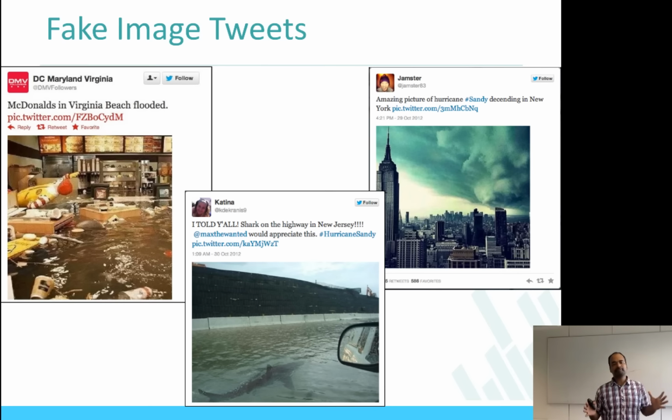There were many fake images floating around during Hurricane Sandy. The McDonald's one I showed before, and the one in the middle has a shark in the water, and there was panic among the public. And the right-hand top image, which is also from Hurricane Sandy, is an image from a picture, and it was posted on Twitter saying that that's how it looks in the US now.